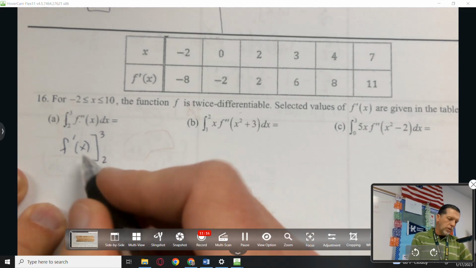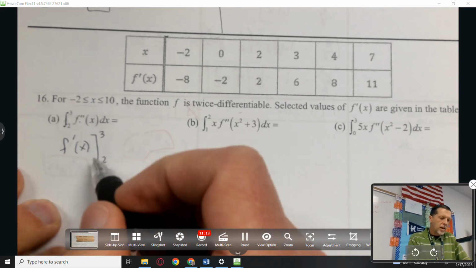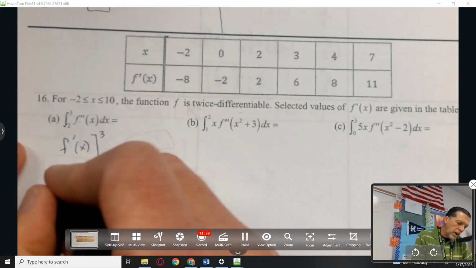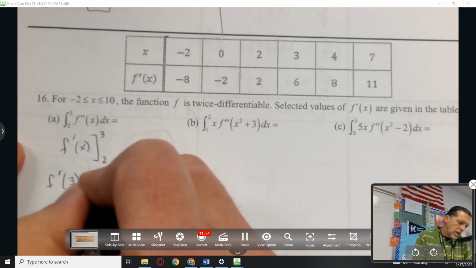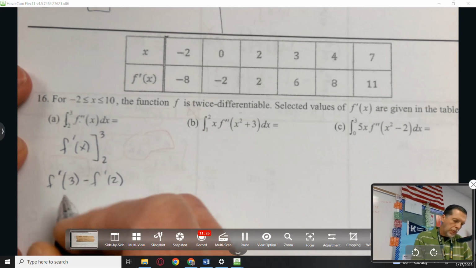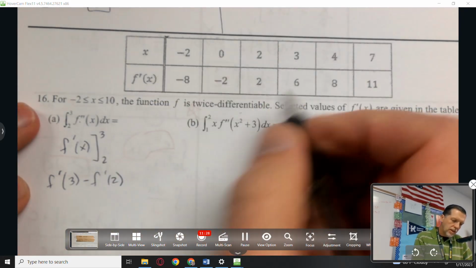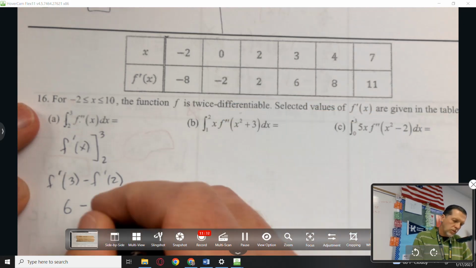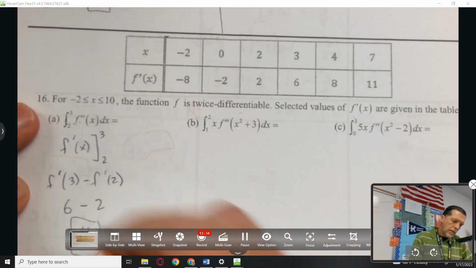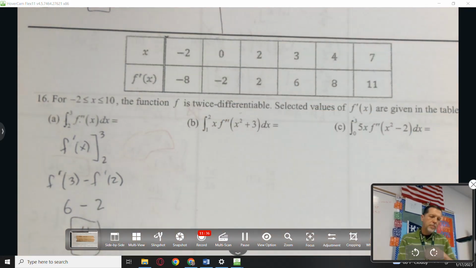From 2 to 3. So I still have no idea what f is, but I've got a table with some f primes in it. So if I plug in 3 minus plug in 2, f prime of 3 is 6, f prime of 2 is 2, so my answer is 4.